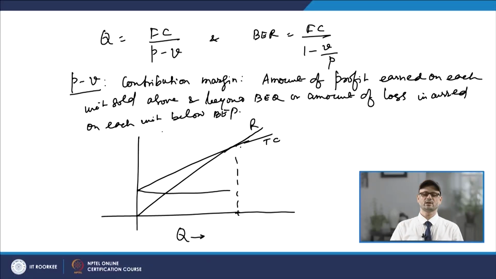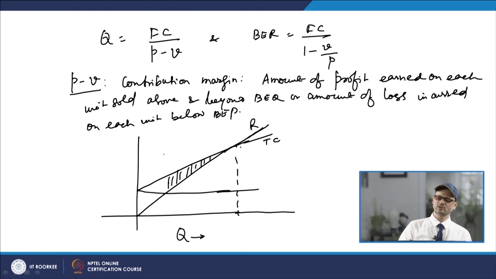So ultimately, as we discussed, we had discussed this profit volume curve. This is known as a profit volume curve, and this was the case of the break even analysis, break even point. And here what we see is that this is the region which indicates the loss.